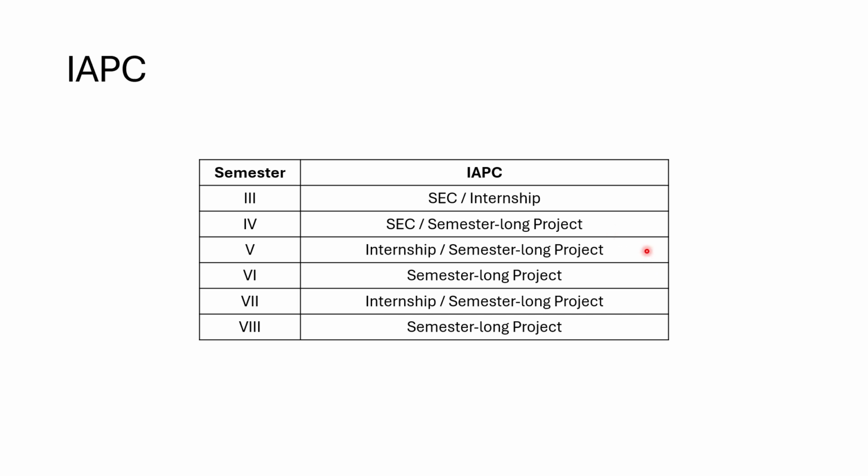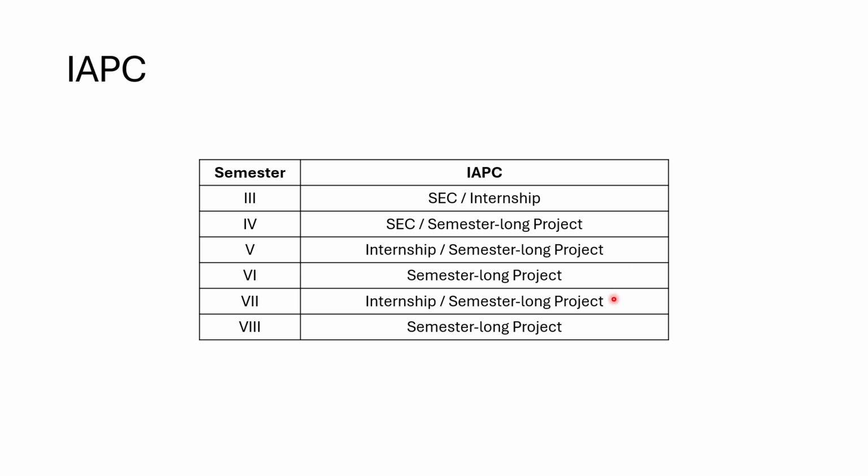For semester 5, either you do an internship during semester 5 or you do an internship in the summer break between semesters 4 and 5, or, if you do not get an internship, you do a semester long project. Semester 6, you do a semester long project.